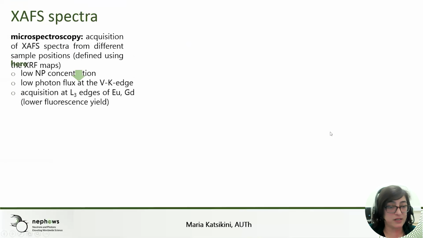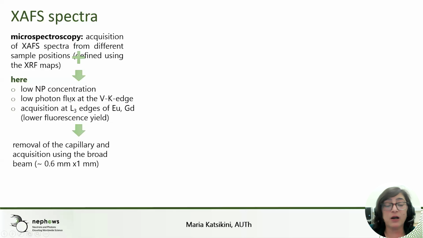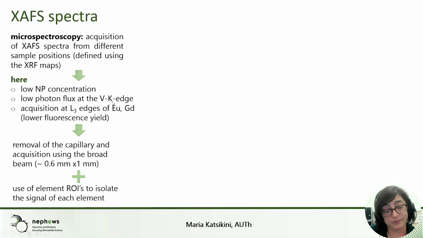Now let's continue with the XAFS spectra. In our case, in order to record the XAFS spectra, due to the low nanoparticle concentration and the low flux of the beamline, at the vanadium K edge and the acquisition of the L3 edges for europium and gadolinium, we had a lower fluorescence yield.